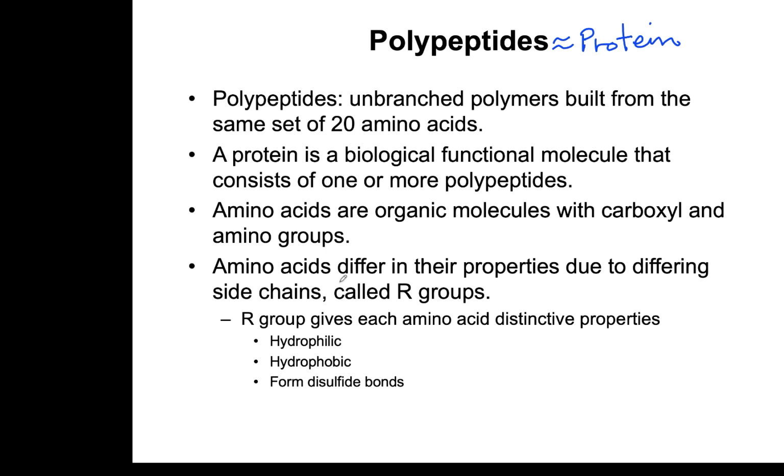Amino acids differ in their properties due to different side chains called R group. There are 20 kinds of R groups. R groups give each amino acid distinctive properties. Some R groups of amino acids show hydrophilic property. Some other R groups show hydrophobic property. Some R groups show disulfide bonds.